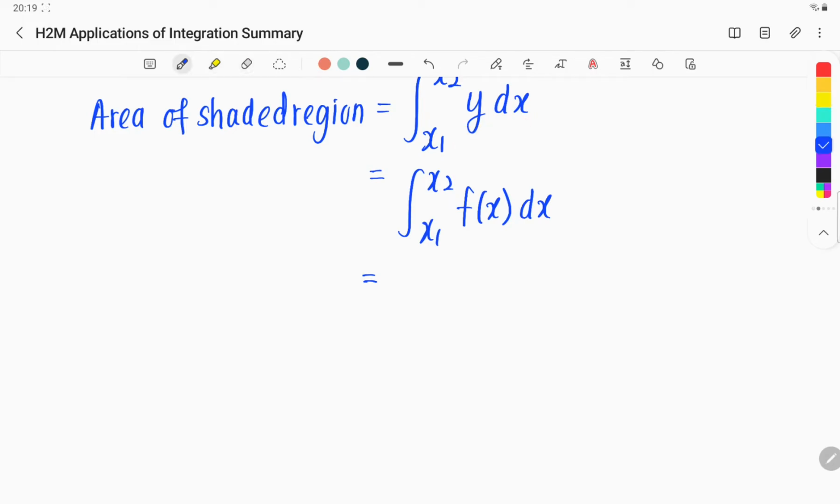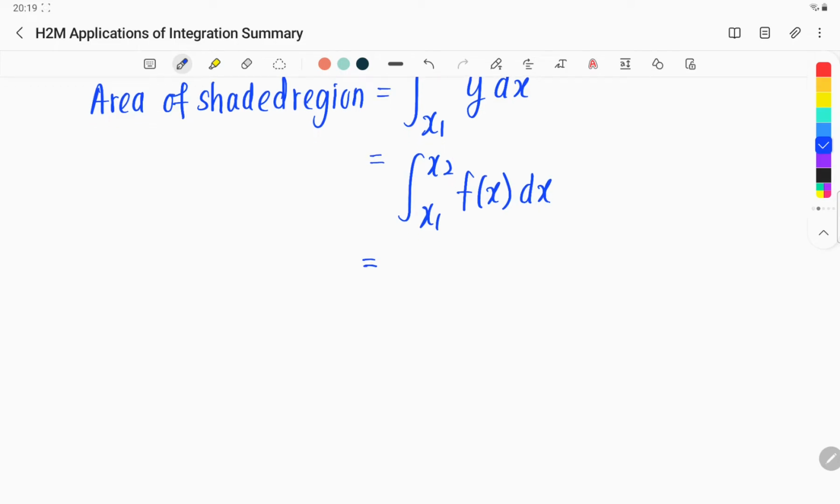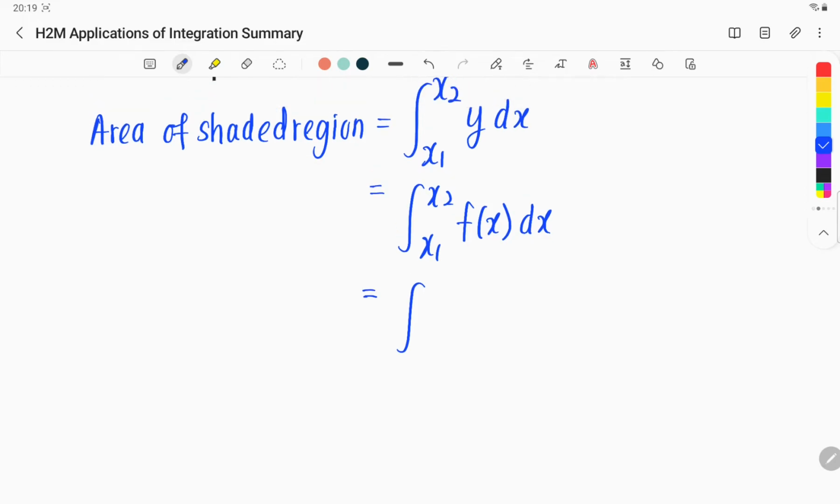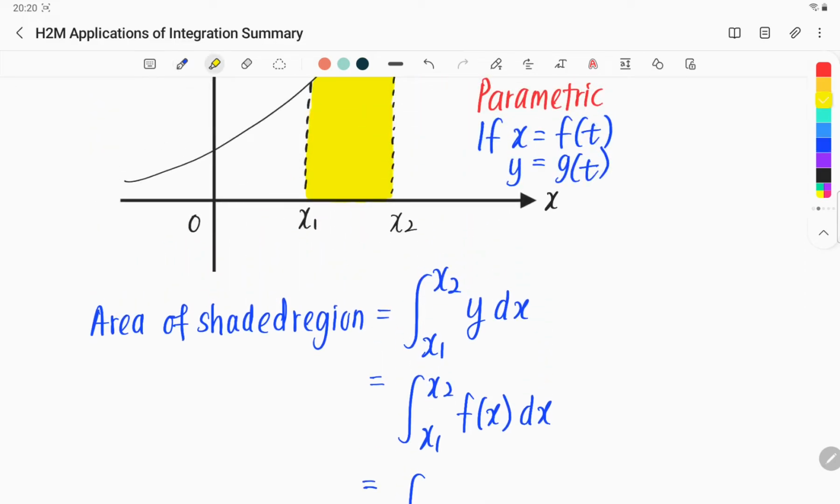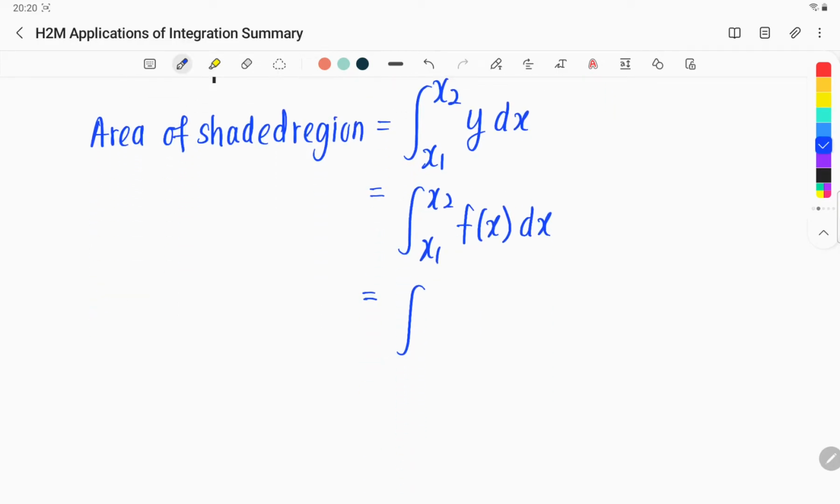Let's do this slowly, because this is an important concept that is heavily tested in A levels. Let's replace the y first. Replace the y with g of t. Now, because it's a term in t, would it be logical to write dx here? No, we cannot do this. Instead of writing dx, we need to replace dx with dt.